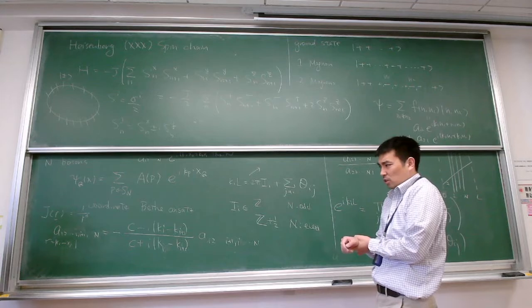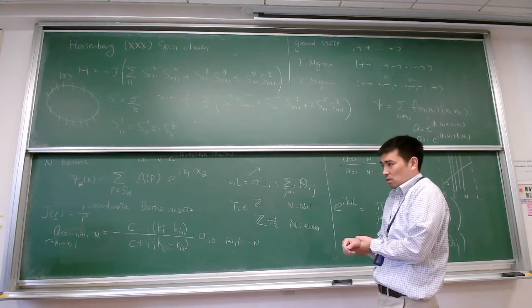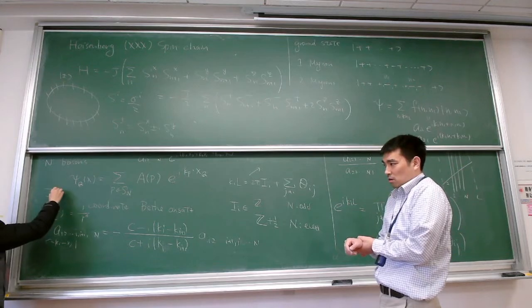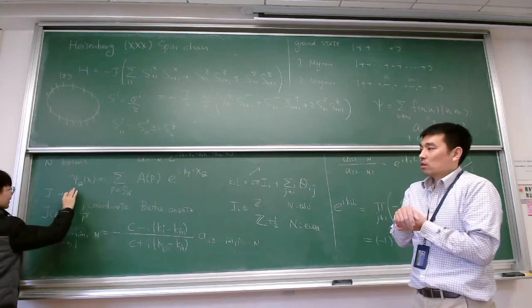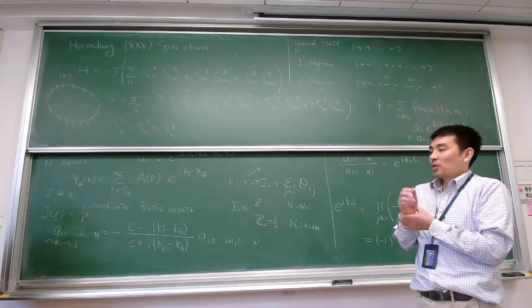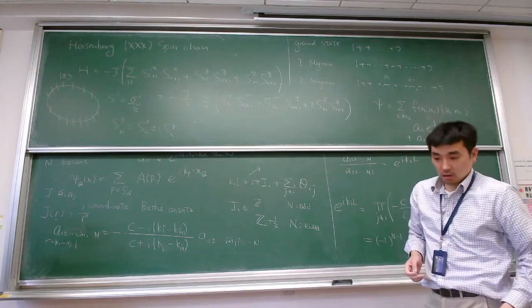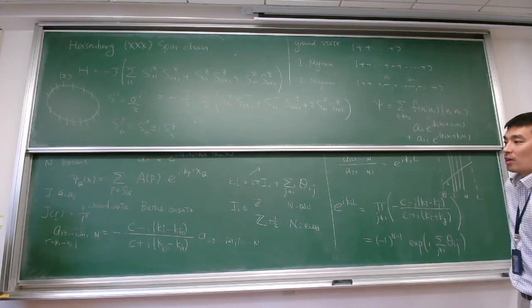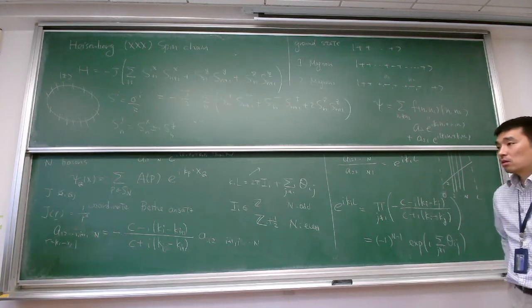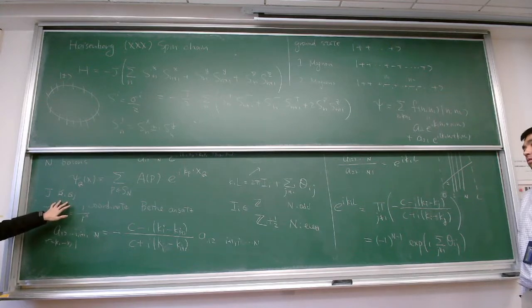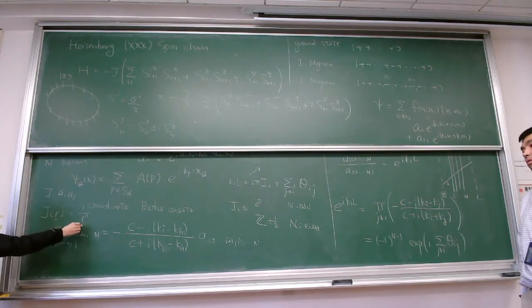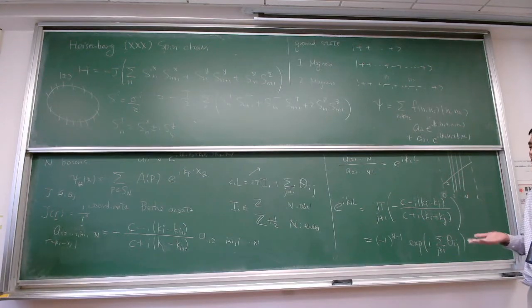You mean 2-point function? No, it's just J. But J is given already, right? Yeah, J is given. But how can it depend on R? We have 2 points and they interact with each other, and their J depends on their distance. But the Hamiltonian is already given, so J is fixed.